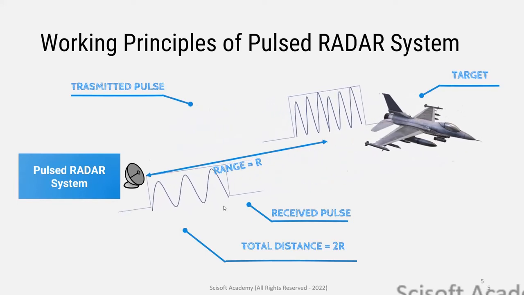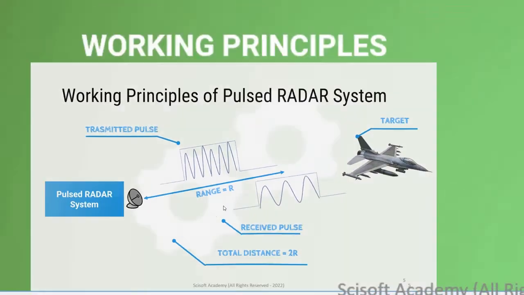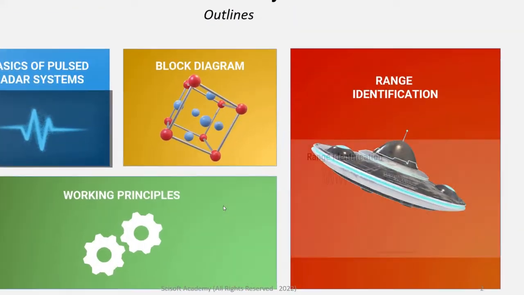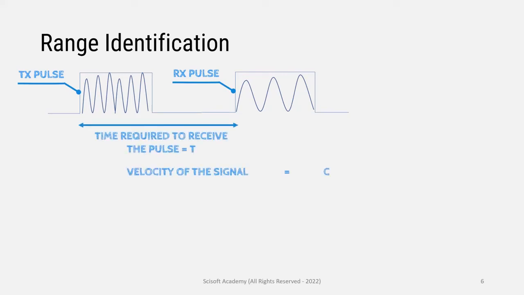Let's move ahead with a few equations to understand more about determining the range of the target. Let's assume that the transmitted pulse is given by the picture, and we are receiving the pulse after some duration. Let's assume the time taken to receive the pulse is t, the velocity of the signal is c, and the distance traveled by the signal is 2R, which we have already seen in the previous section.